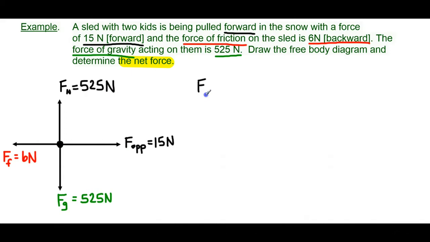So our net force in the y direction, so vertical, is equal to a positive, remember up is positive, so positive 525 and plus, because it's the sum of all of these, but because it's in the down direction, it's a negative 525.